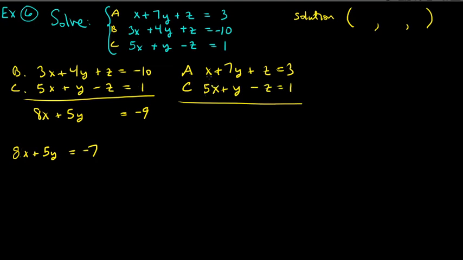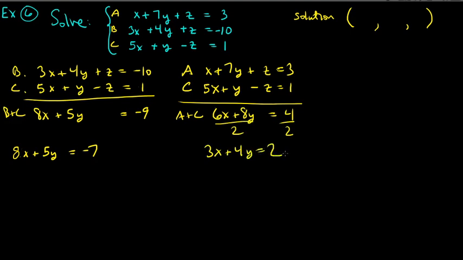Let's add them together. This is A plus C. Sorry, the earlier one was B plus C. So we're going to get 6x plus 8y plus 0 equals 4. And notice they're all multiples of 2, so I can divide by 2, although you don't have to.